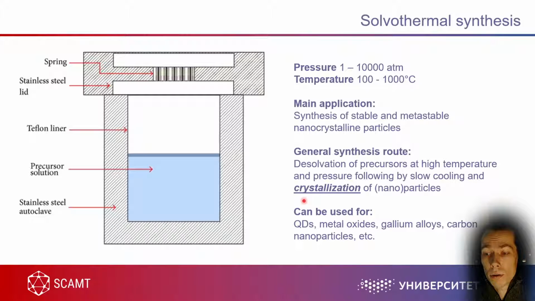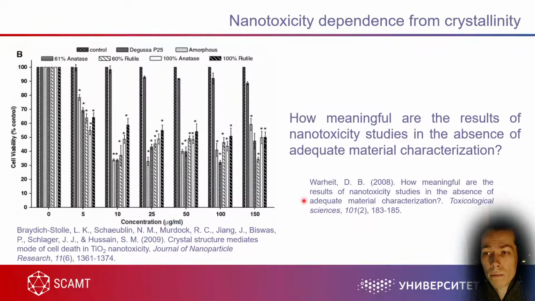But it's not true, because if we look at, for example, titanium dioxide particles, which is one of the most produced in our world, there are a lot of different crystal modifications of these particles. So it can be like anatase or rutile, and also it can be in an amorphous state, and there are some other states.